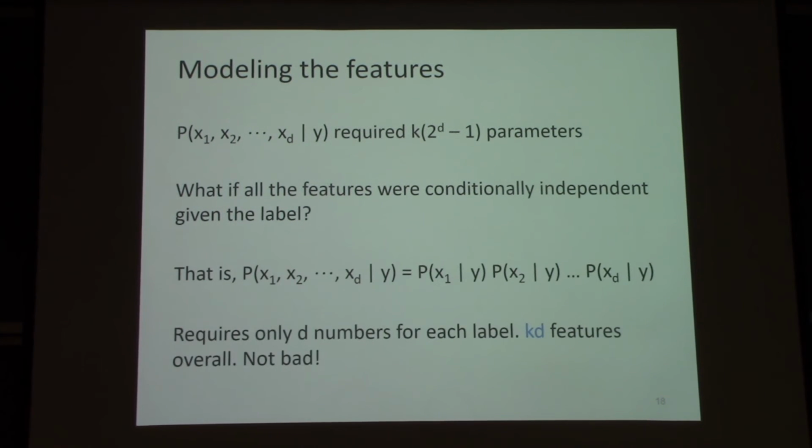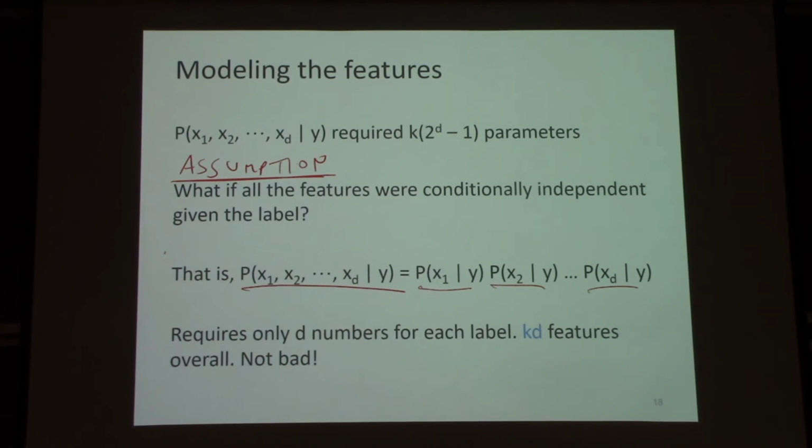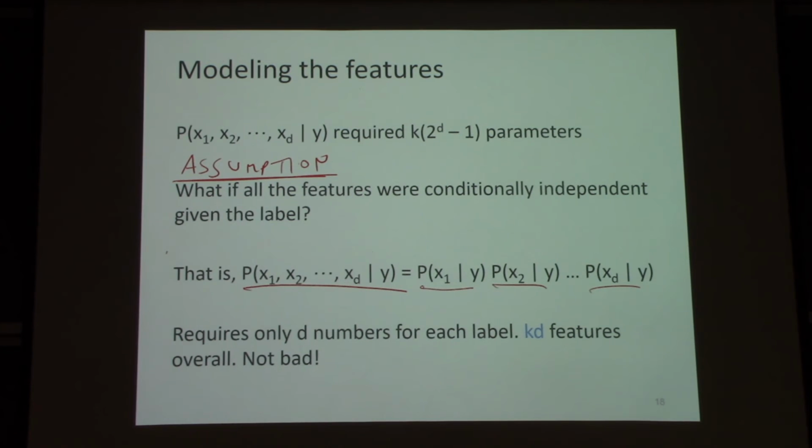This is an assumption. In other words, this massive likelihood function is decomposed as the product of smaller likelihood functions. If you knew the label, then x1, x2 and x3, all of them are conditionally independent of each other.